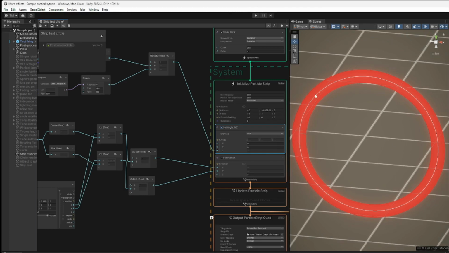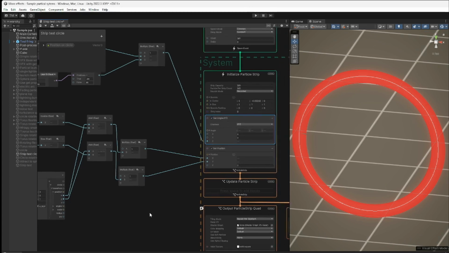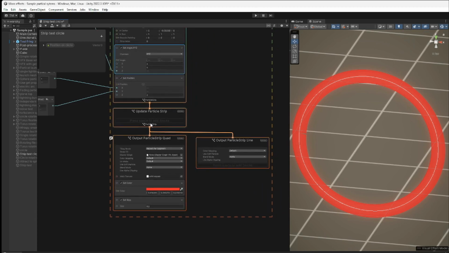The other thing you'll notice is I have a white line in the center of it. And the reason I have that, and this is the other thing you can do, is when you output, you can output multiple types. So in this case, we're outputting that particle strip quad type particle, and I can also output a particle strip line. And I did this when I was debugging it, just when I was trying to figure out what was going on. I just drew the line to see, is all my other calculations correct?